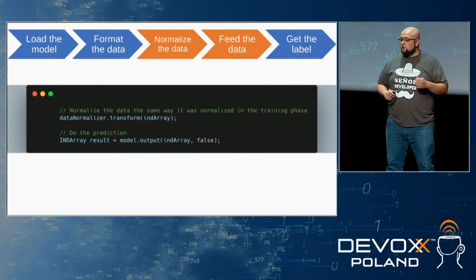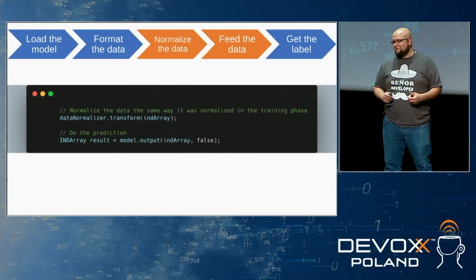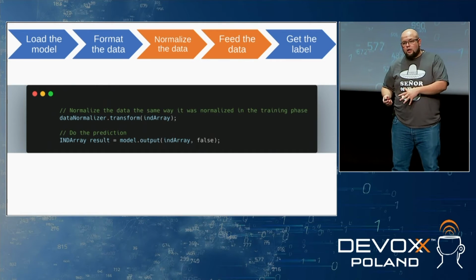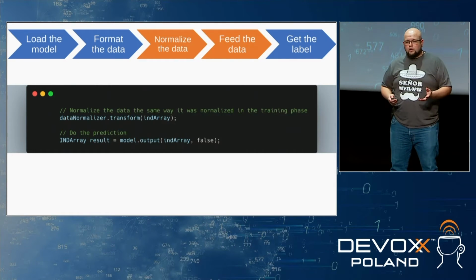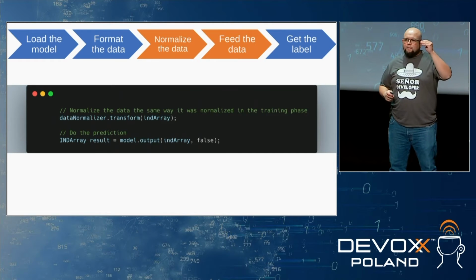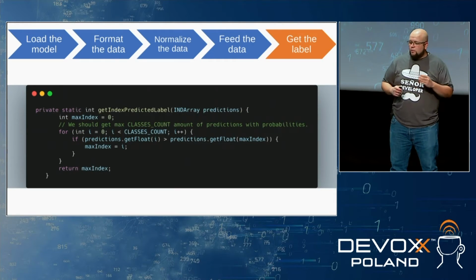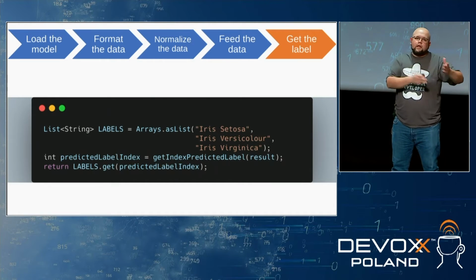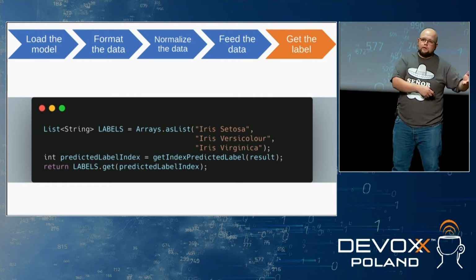So after that, we use the normalizer to normalize the data, and then we feed the data to the model, and then we get the result. The result that we get is an array with the probabilities of each label. So after that, we need to get which index has the biggest probability, and then we need to transform this into a label in our domain, let's say.